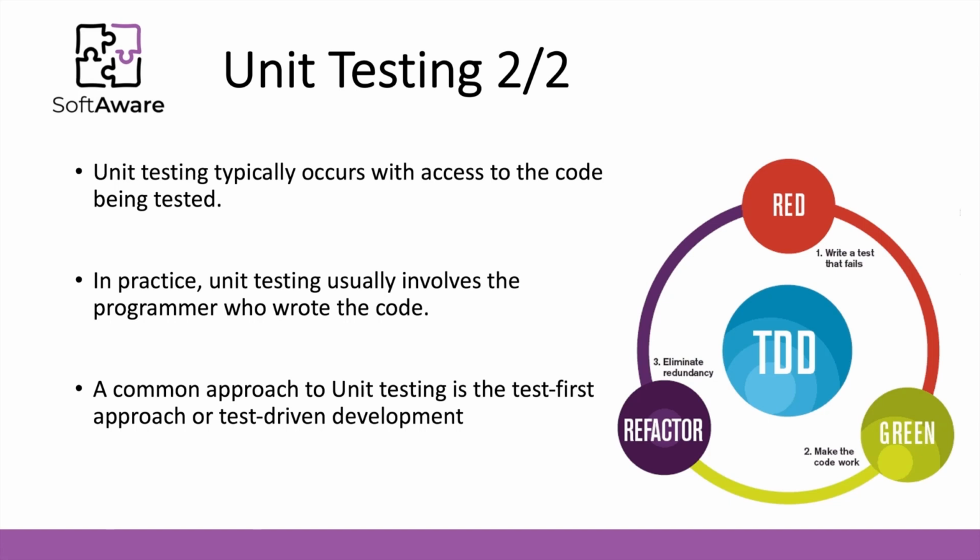This is a highly interactive approach based on cycles of developing test cases, then building and integrating small pieces of code and executing the unit tests until they pass. So going from red to green and then doing some refactoring.